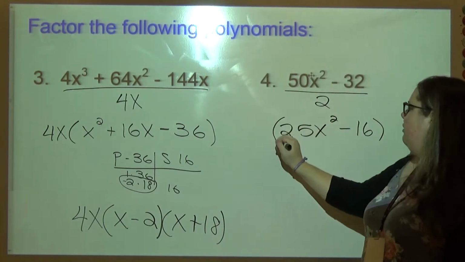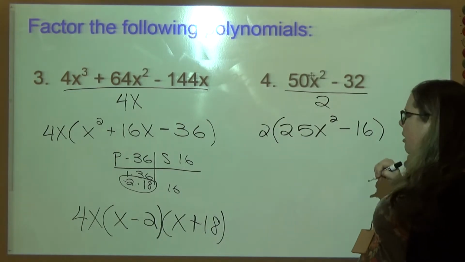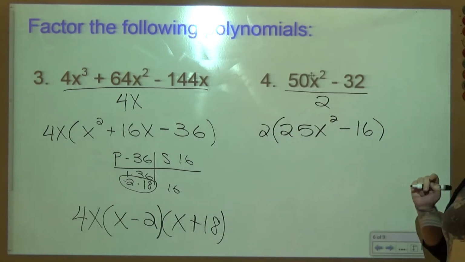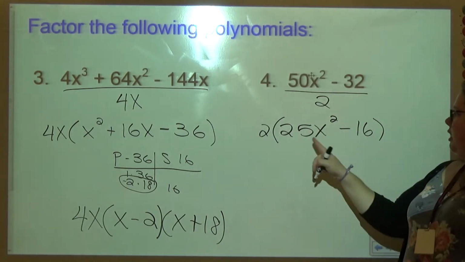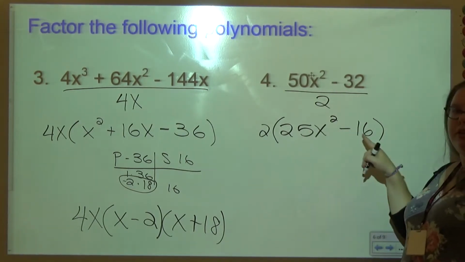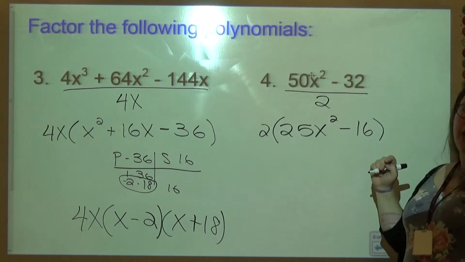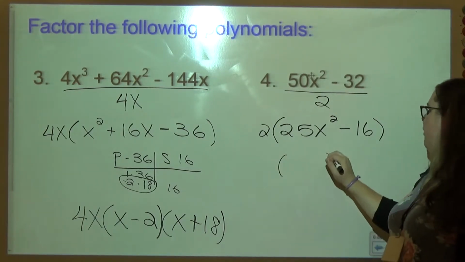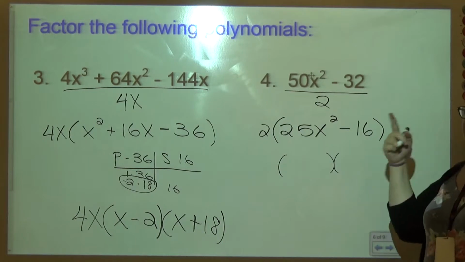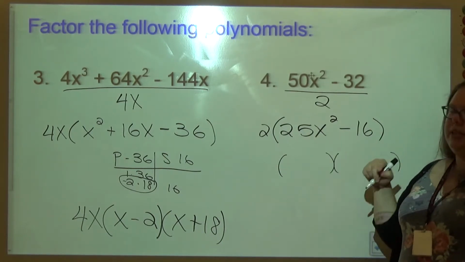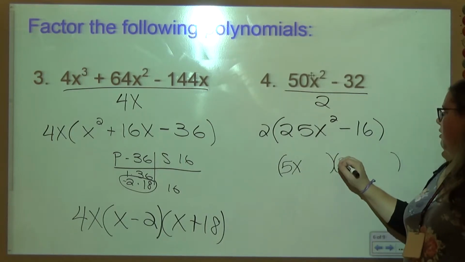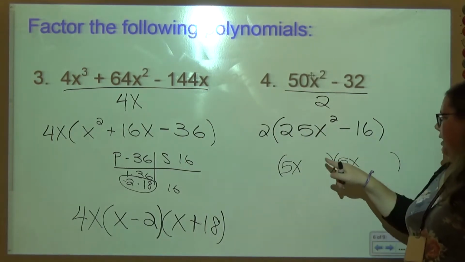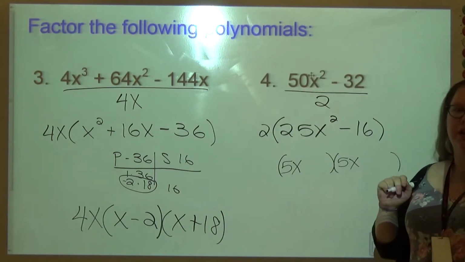Now look at what's left. Is this product sum? No, it's a binomial. This is your difference of two squares. I like to call it dots. Two perfect squares separated by subtraction. So whenever you have the difference of two squares, it's think square roots. What's the square root of 25? 5x. 5x times 5x is 25x squared.